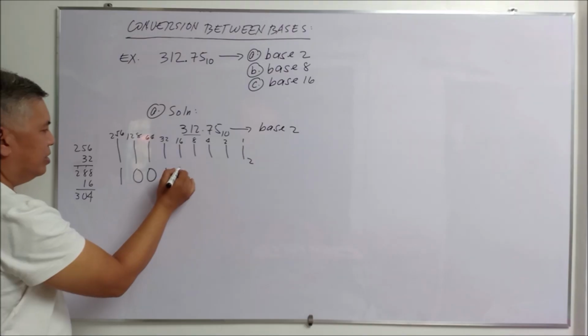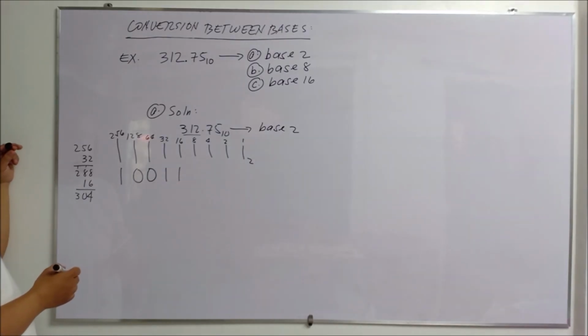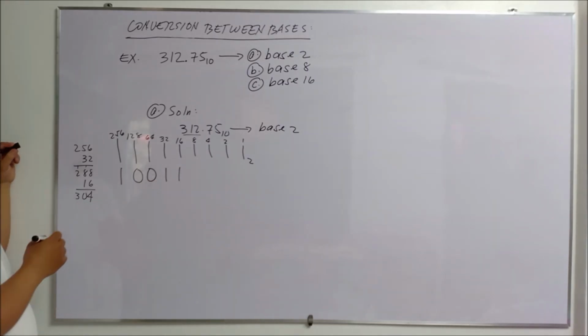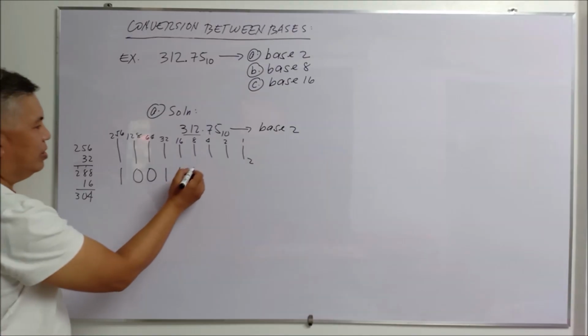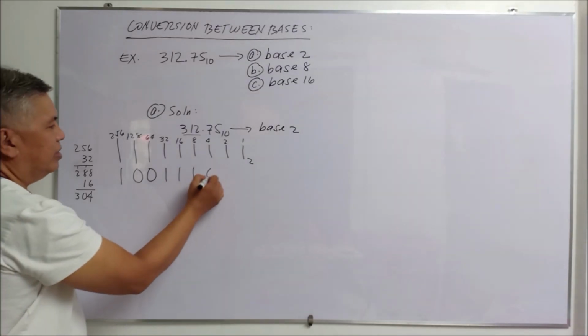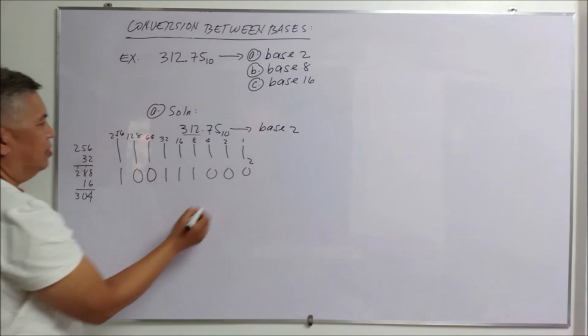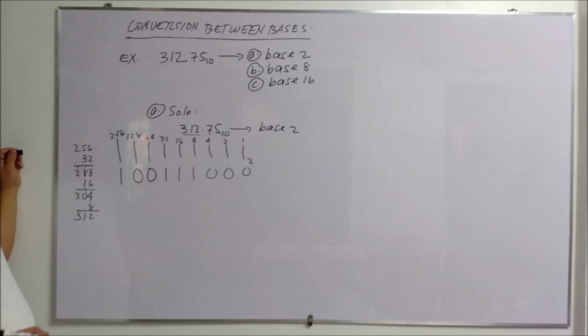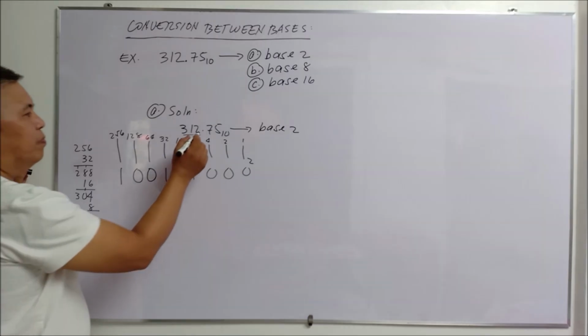So you add 16. Okay? Then, what is lacking? If you add 8, plus 4, it is 312 already. So that means that this is 1. Okay? Then the rest is 0. So if you add 8 again, that is 12. Okay? 312 already. How about 0.75?